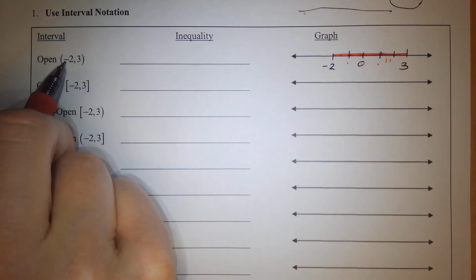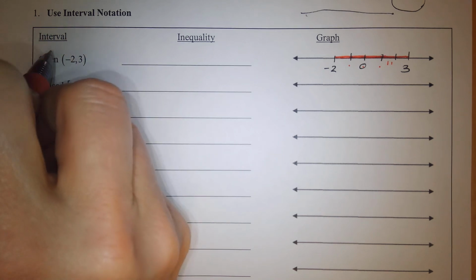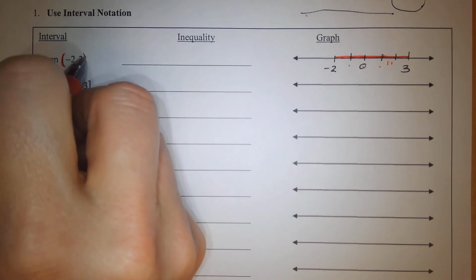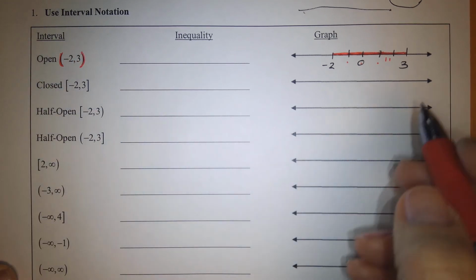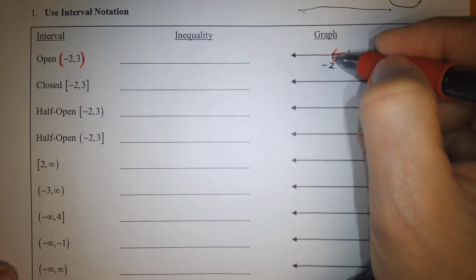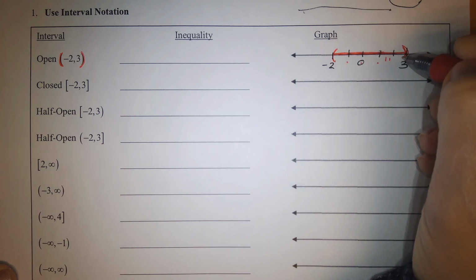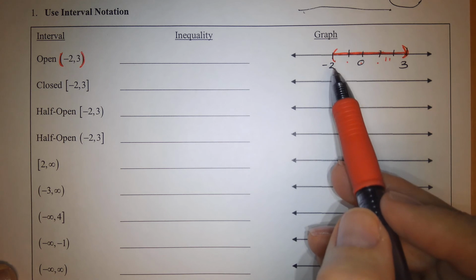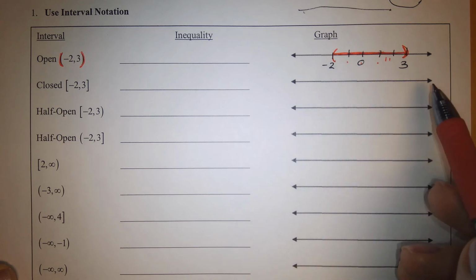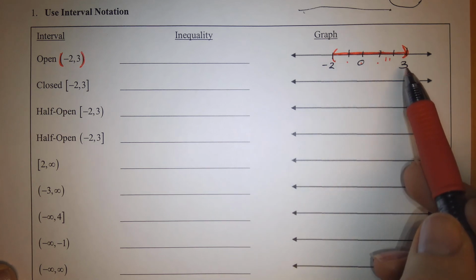Also, since it's a rounded parenthesis on the end, that indicates that the endpoints are not included. So -2 and 3 are not included. So x cannot be -2, x cannot be 3.